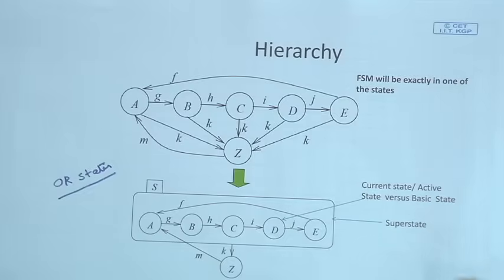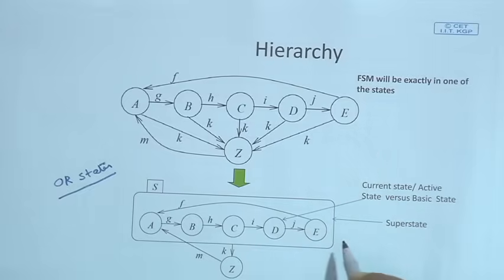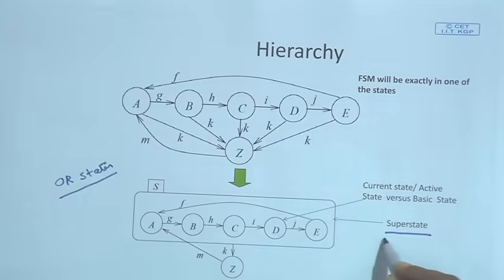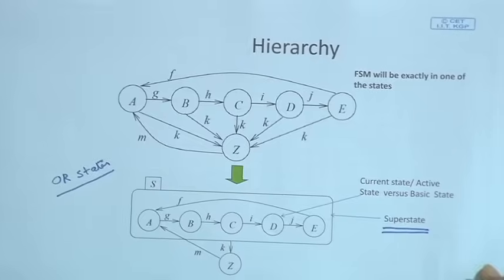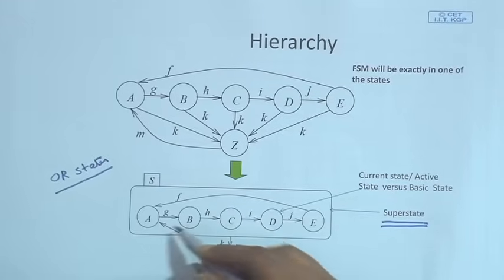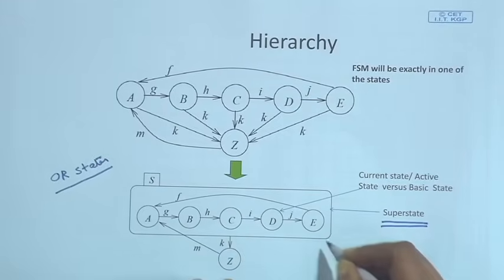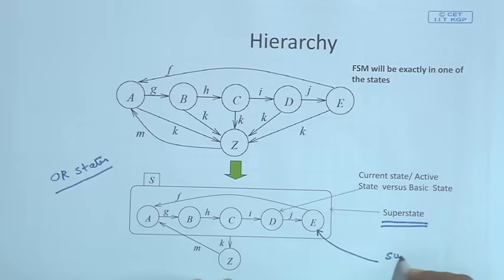This S is known as a super state, and these ones, A, B, C, D, E, are known as substates. Now, while in a super state, the system can be in any one of the substates.